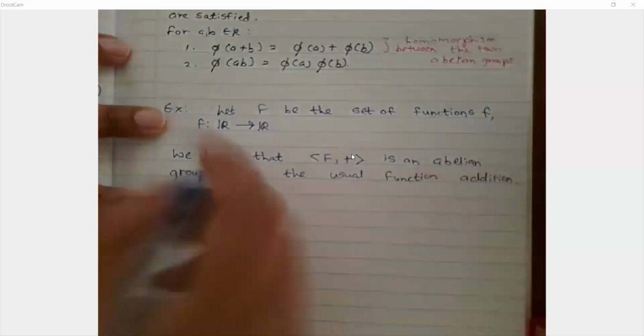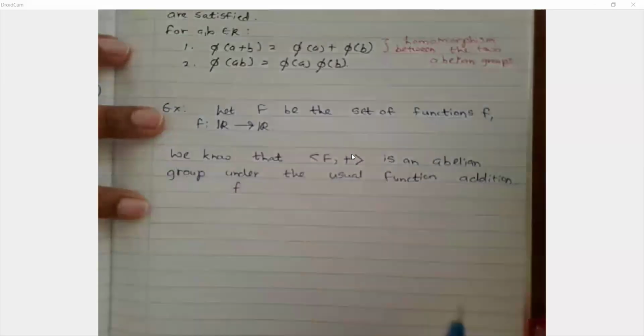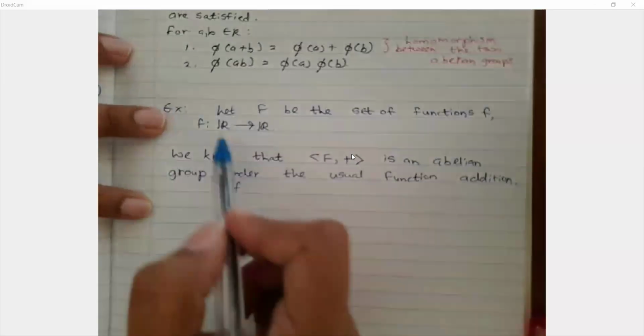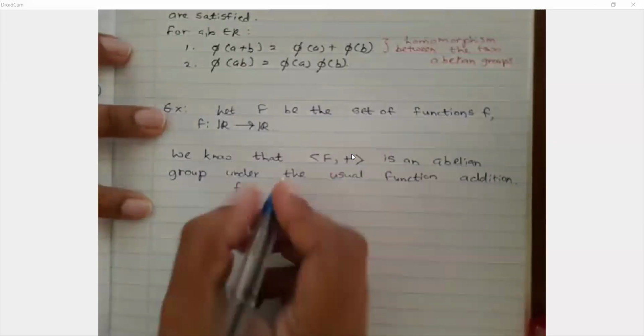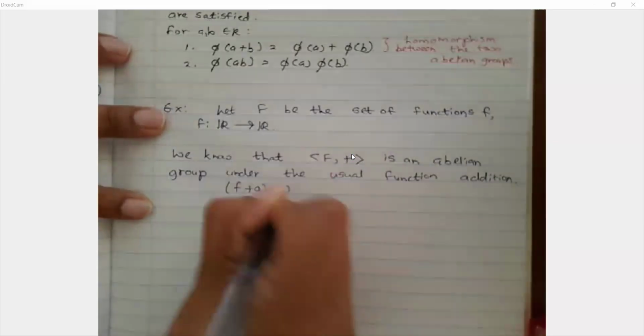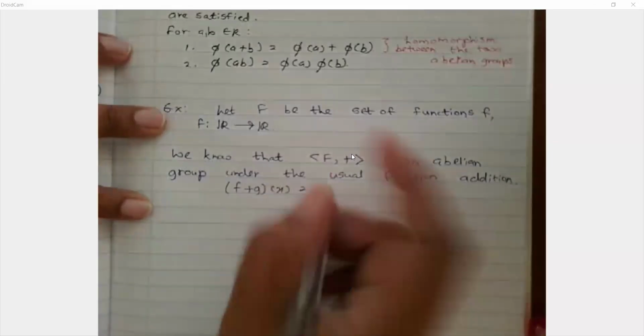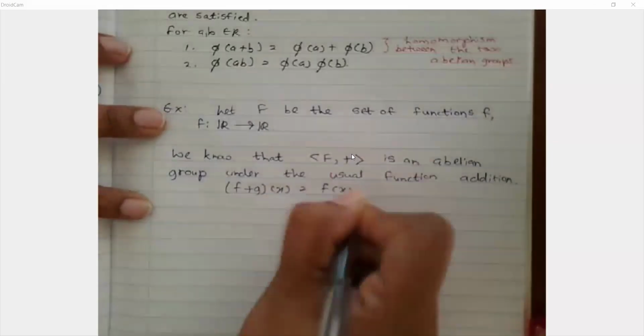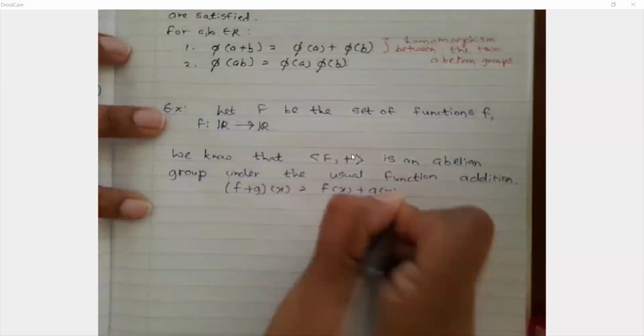What do we mean by that? If you take two functions f and g, both of which are from R to R, then (f plus g)(x) for any real number x is given by f(x) plus g(x).